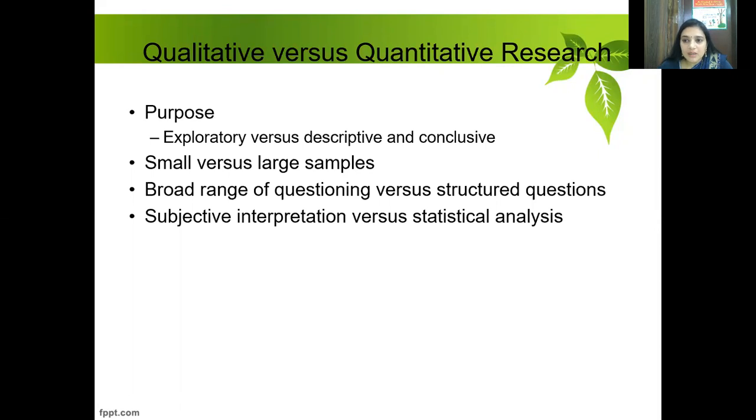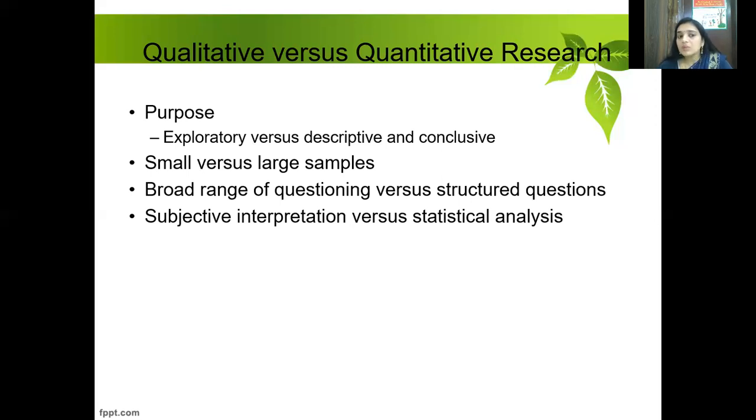How is it different? Generally, qualitative means qualitative data. It might not include numbers, or you might generate numbers with the help of the quality of the data. Quantitative data is generally in numbers.